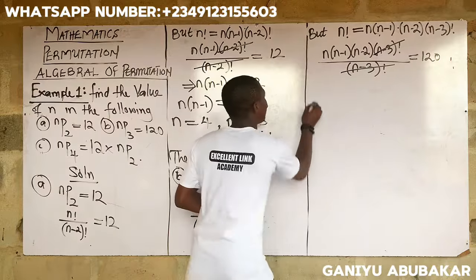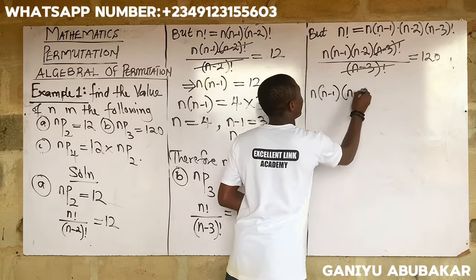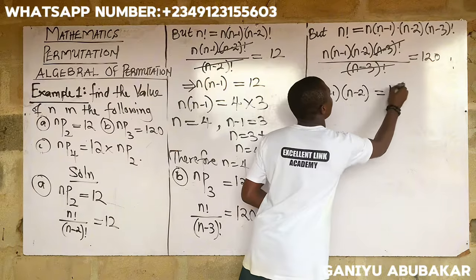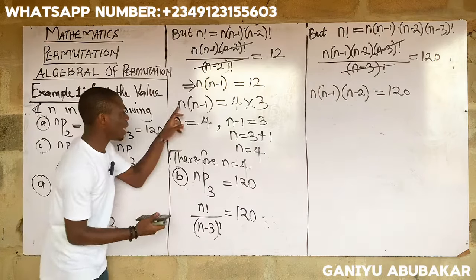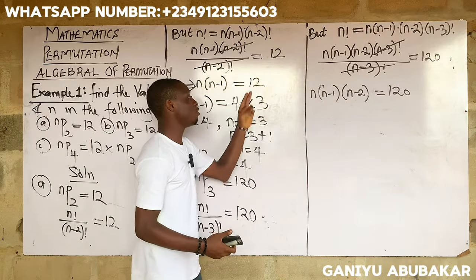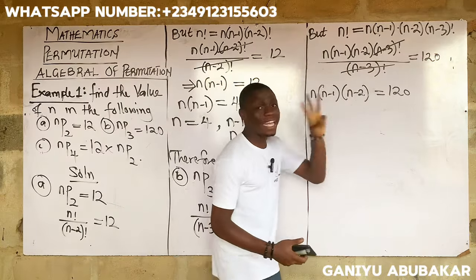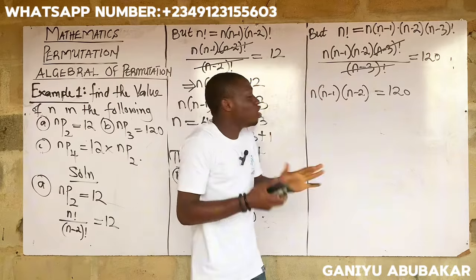What do I get? I'm left with n into n minus 1, n minus 2 being equal to 120. What does it mean? I said earlier that if I have 2 n's, I look for 2 numbers that multiply together to give 12. This is 1, 2, 3 n's. So look for 3 numbers that, if I multiply them together, will give me 120.